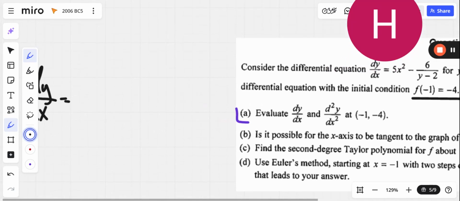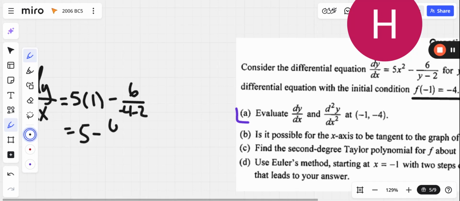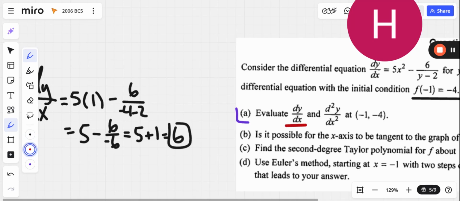This is going to be 5x squared, well, x is -1, -1 squared is just 1, minus 6 over, the y value is -4, so this is going to turn into 5 minus 6 over -6, which is just 5 plus 1, or 6. So that is our dy/dx.